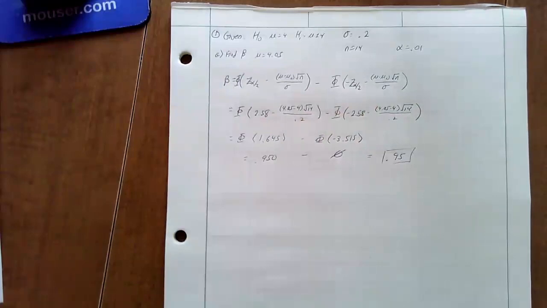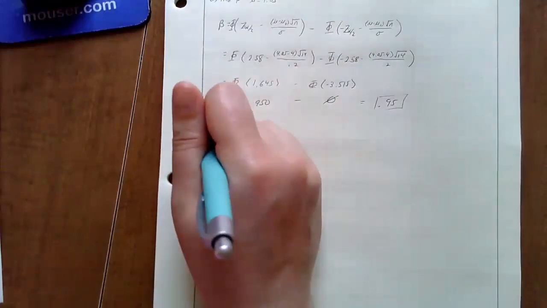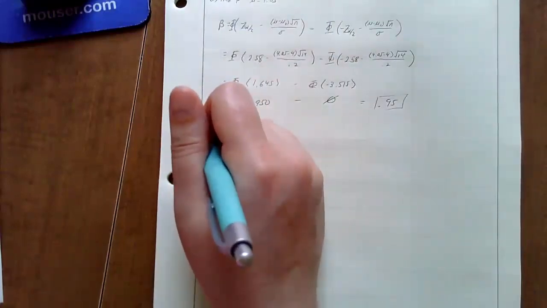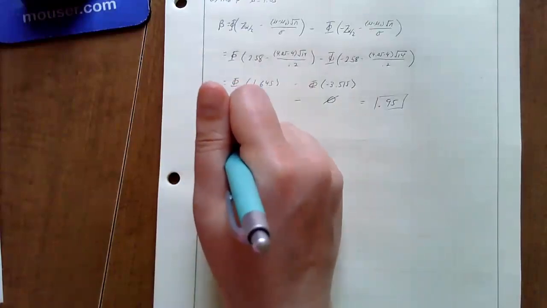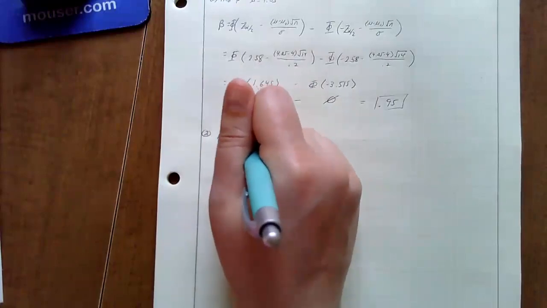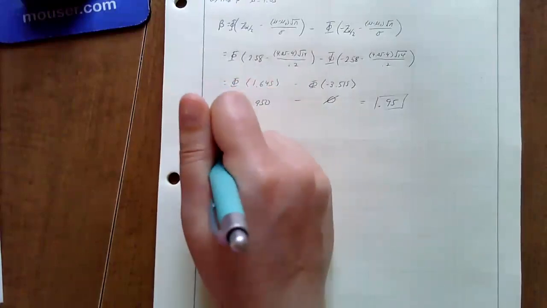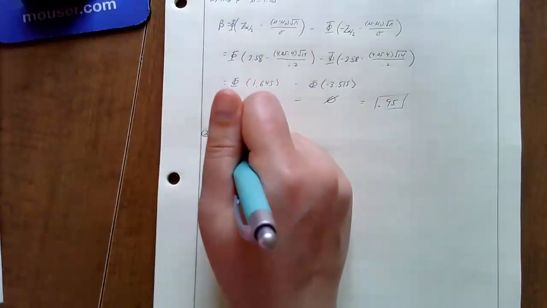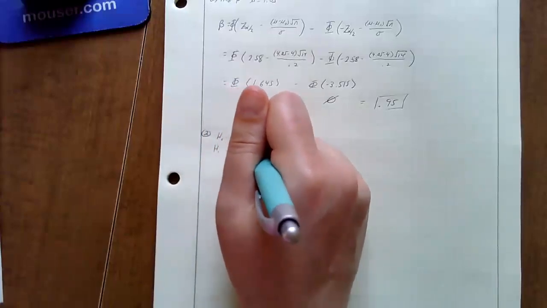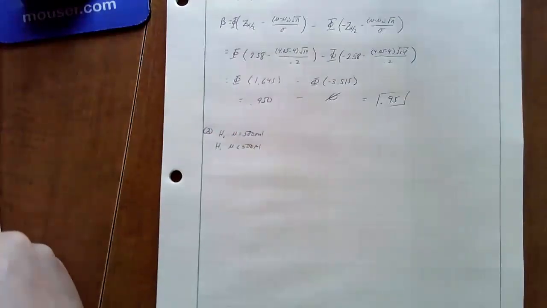Question 2 tells us that we are testing a null hypothesis of a mean equal to 500 milliliters versus an alternative hypothesis that the mean is less than 500 milliliters. So again, just looking at the hypothesis, we know immediately that we are looking at a one-sided test instead of a two-sided test.